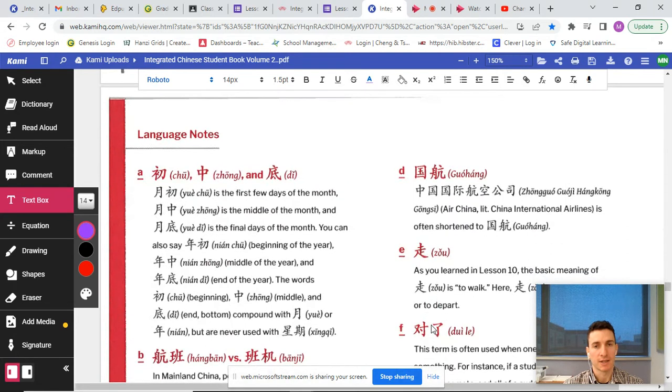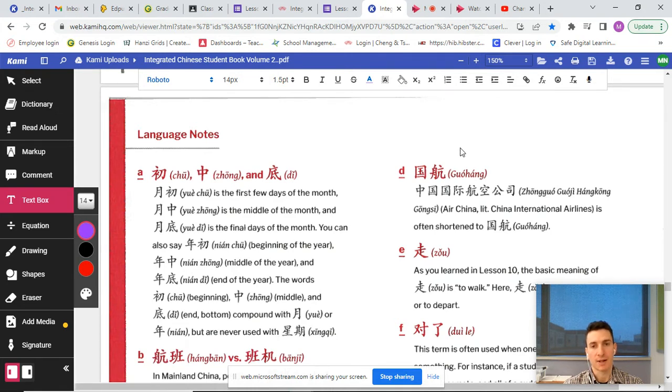All right, and then there's 国行. Often in Chinese they make abbreviations. For example, if you want to say Beijing University, 北京大学, you could just say 北大.